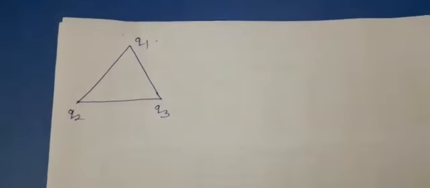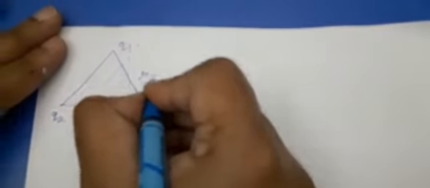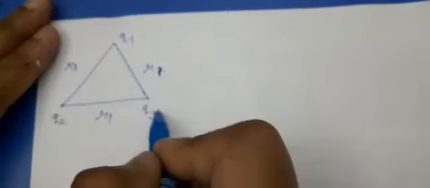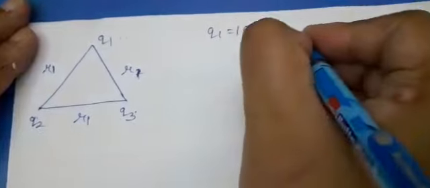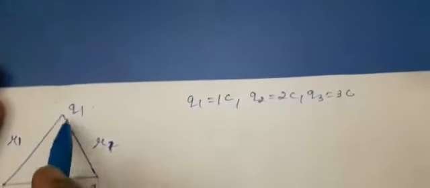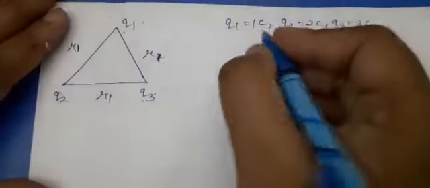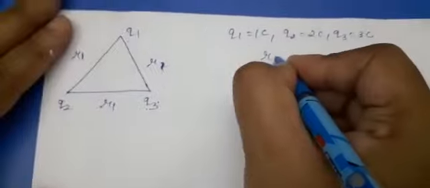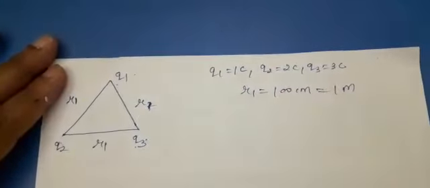See, this is an equilateral triangle whose sides are equal. Let it be R1 each, and the charges placed have different magnitudes. That is, Q1 is 1 coulomb, Q2 is 2 coulomb, Q3 is 3 coulomb. These are placed at the corners of an equilateral triangle with side R1 given as 100 centimeter, that is 1 meter.